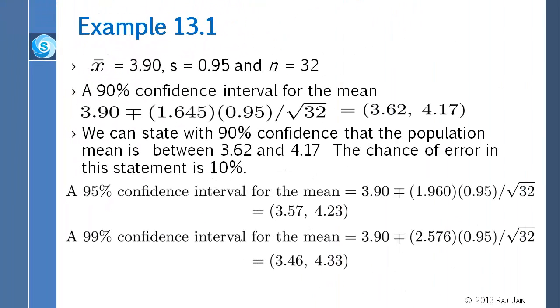So here's an example. Let's say x bar of 32 observations is 3.90 and s is 0.95, which is the sample standard deviation. So we put 3.90 minus and plus Z times s upon square root of n, and this is the Z value.